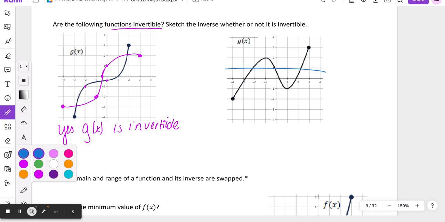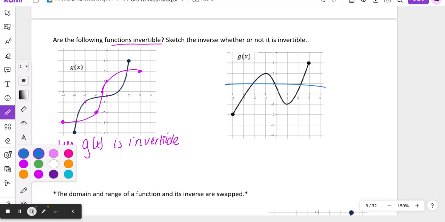All right, so this one clearly would not be invertible because it fails the horizontal line test.